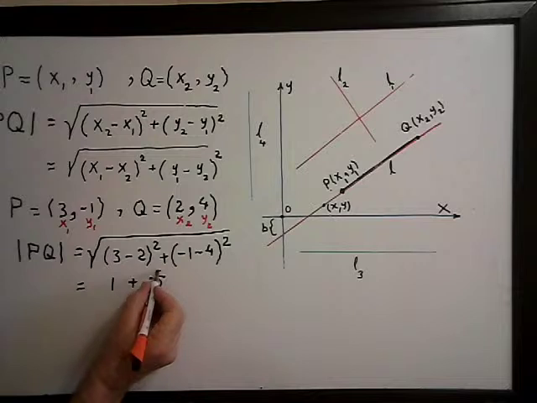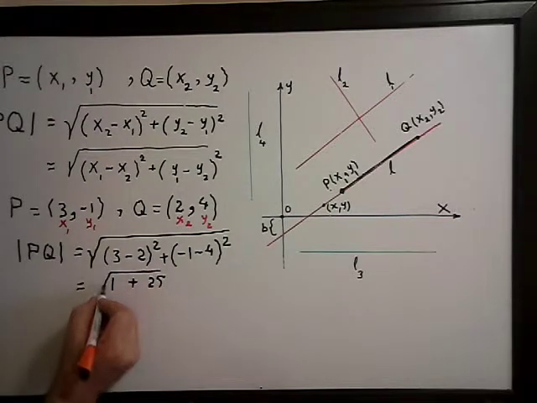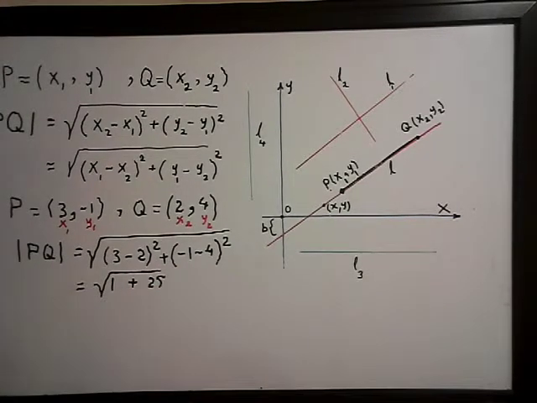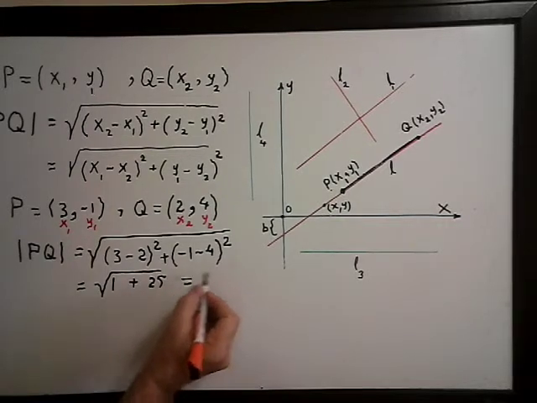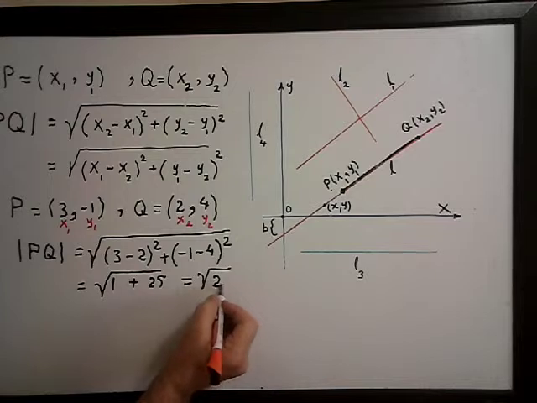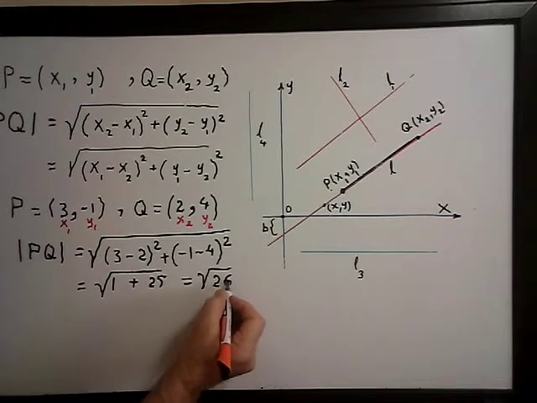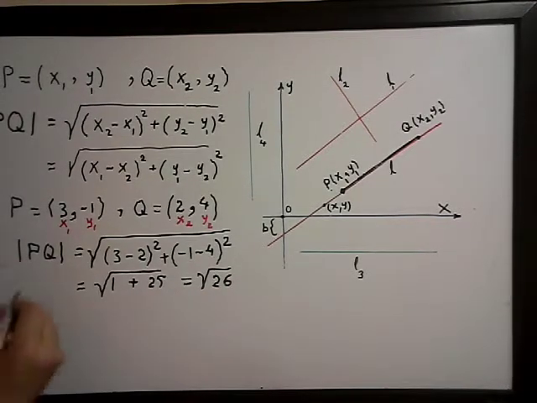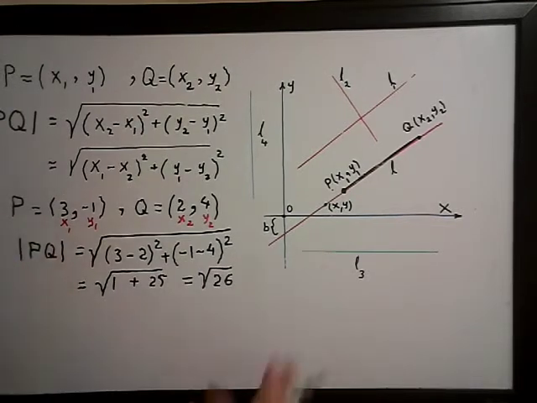And those under the square root sign, which equals the square root of 26. That's the distance between those 2 points.